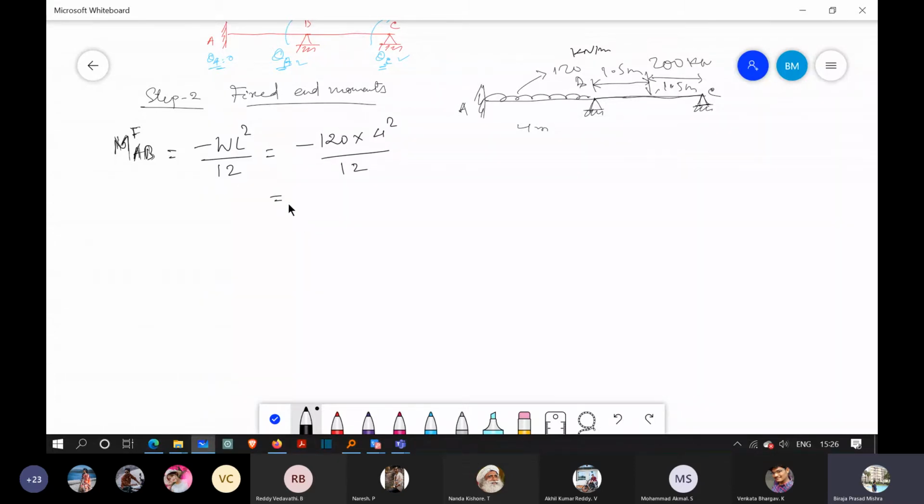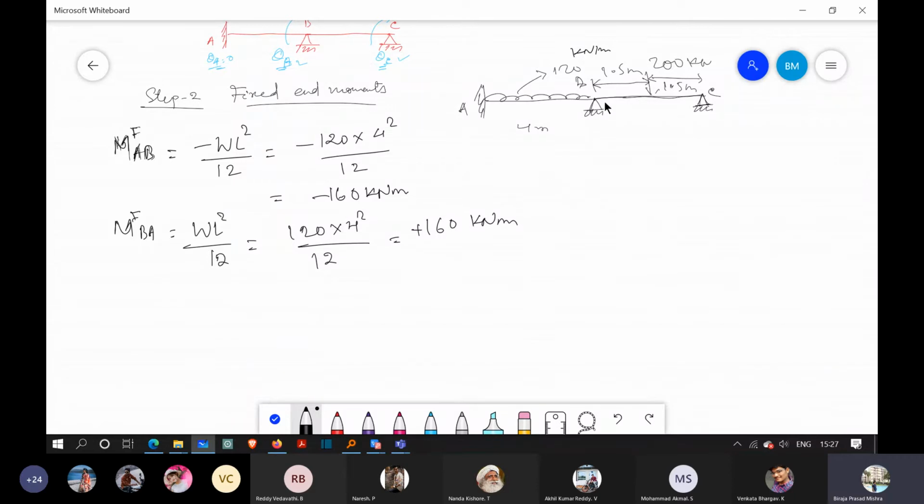That becomes minus 160 kilonewton meter. Similarly, MFBA equals W L square divided by 12, so 120 into 4 square divided by 12, that becomes 160 kilonewton meter, and this is positive.